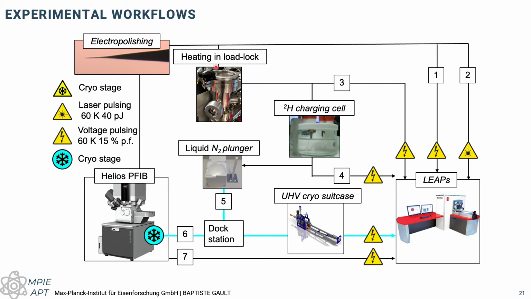We also wanted to see whether we could remove some of the hydrogen from the specimen in the first place by heating in the load lock, and then charging, and then do the analysis, and do this after plunge freezing, sometimes resharpening in the FIB, and then cryo transfer inside of the atom probe. All of this is detailed in a paper in Acta Materialia, so if you have questions, there might be more details there, or just ping me.